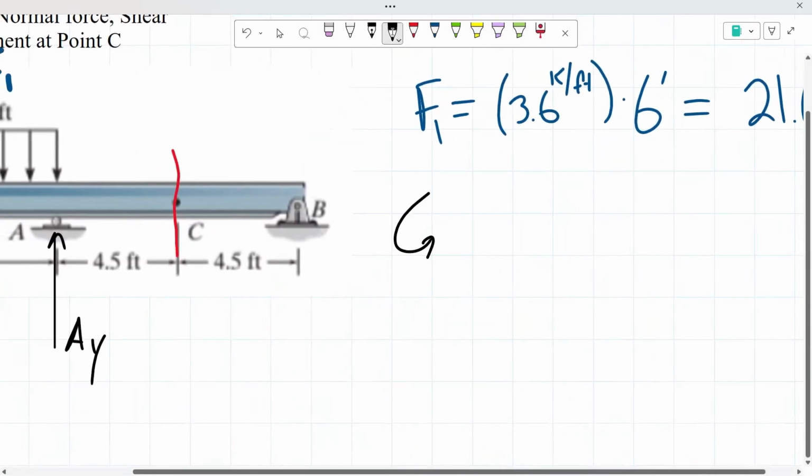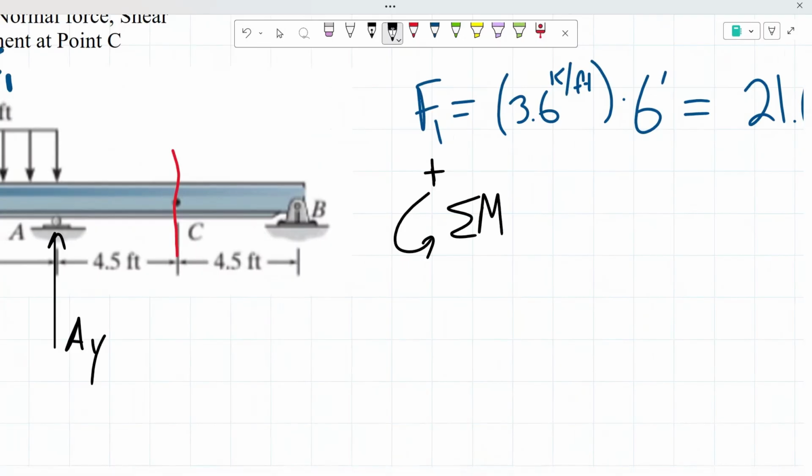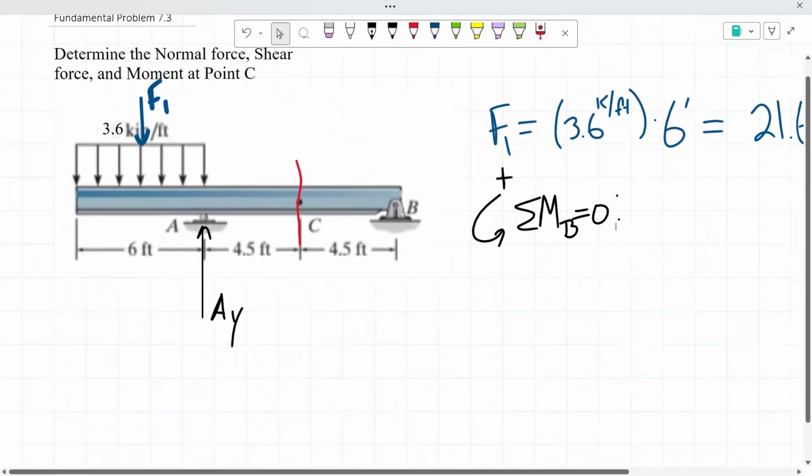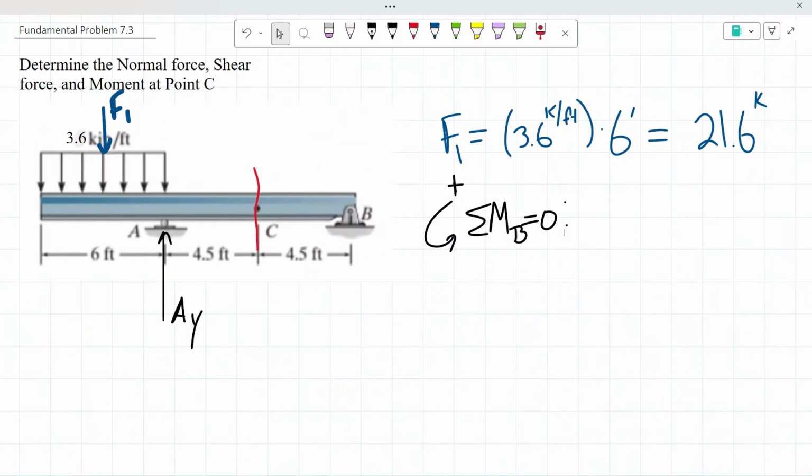So, sign convention: counterclockwise is positive. The sum of our moments about point B has to equal 0. Our two forces that will be creating a moment are our reaction A sub y and our concentrated force. Our reaction A sub y is going to create a clockwise moment, meaning a negative moment.